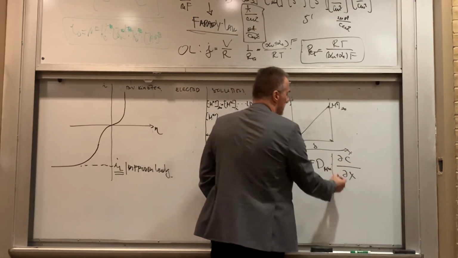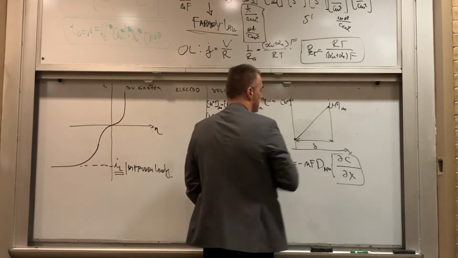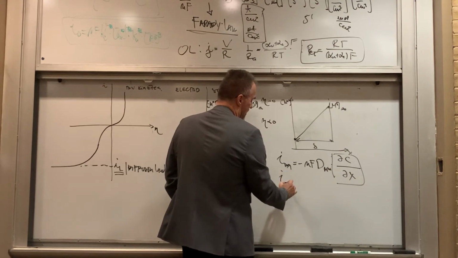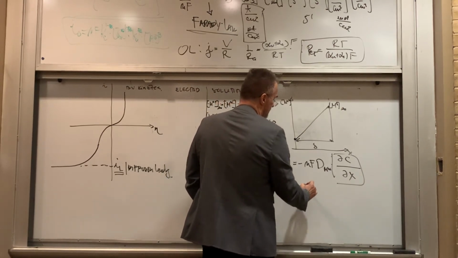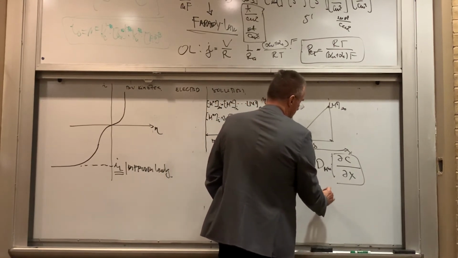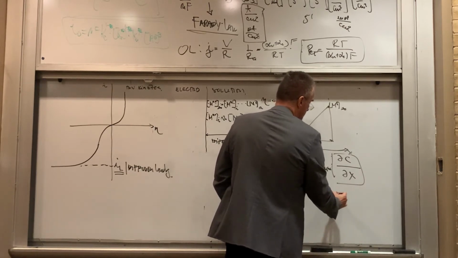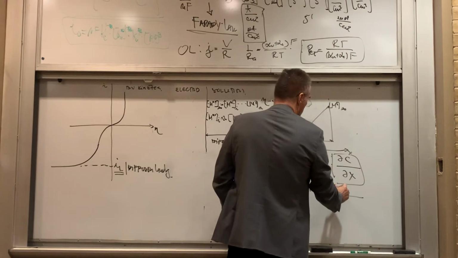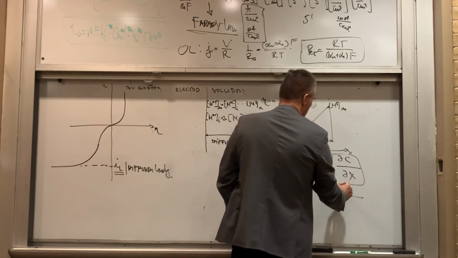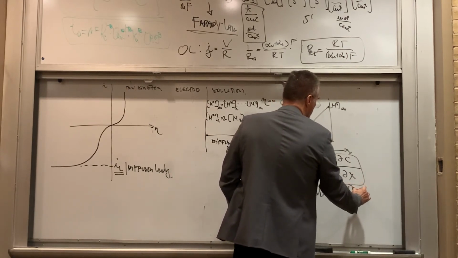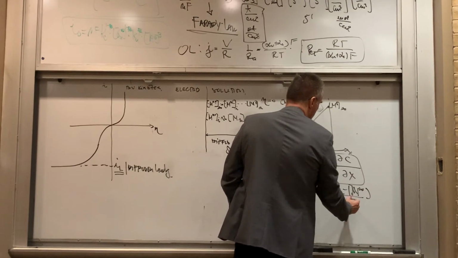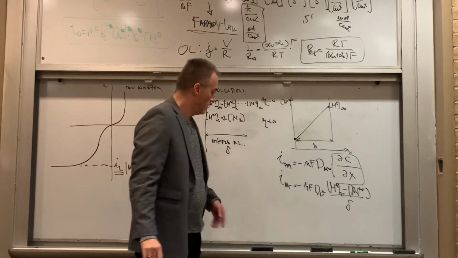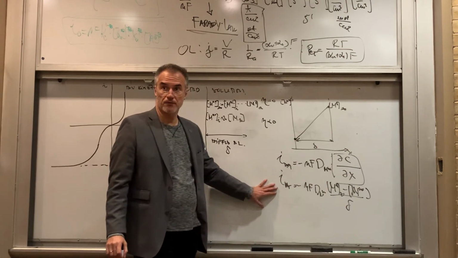Now obviously this is linear in our story, and so this diffusion current is minus nF D of M plus times, how we can approximate this, simply the bulk concentration minus the interface concentration, over delta. That is going to be our diffusion current.